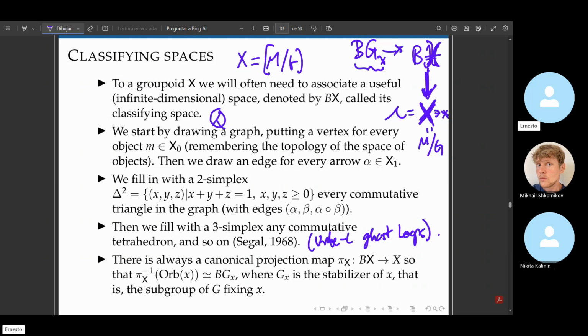More, the rational homotopy type of BG_X rationally is a point. So rationally, in the world of rational homotopy theory, BX is X. And this is a useful remark.